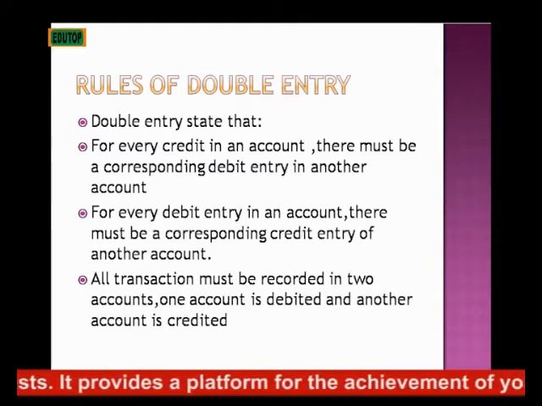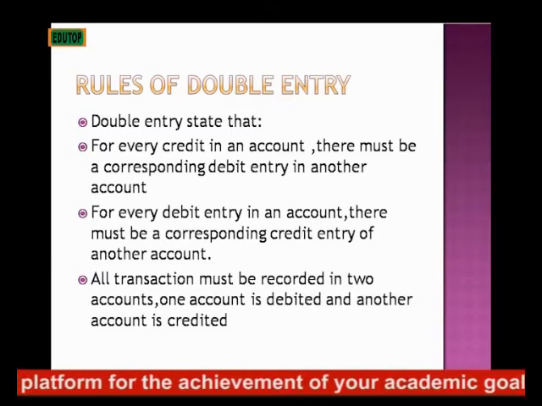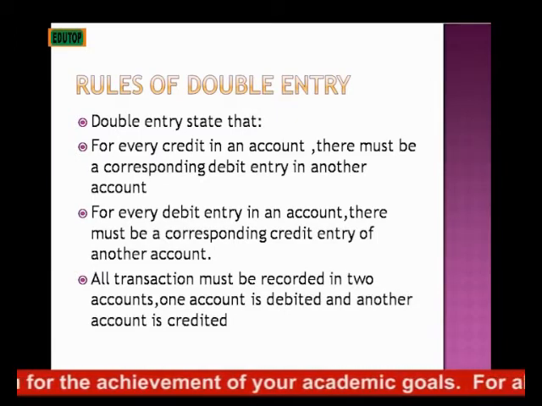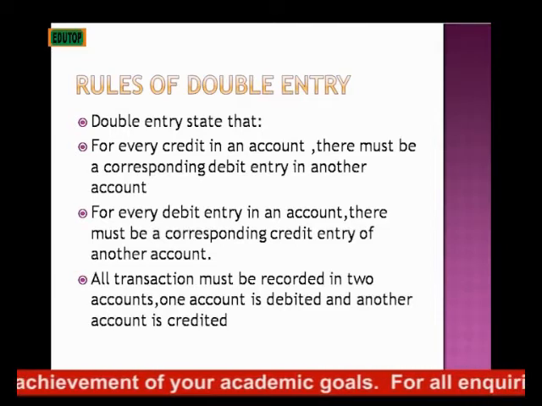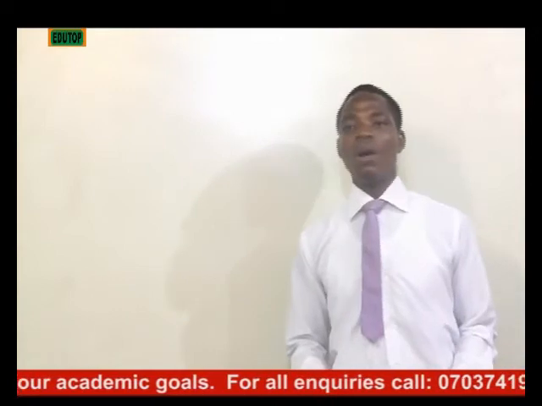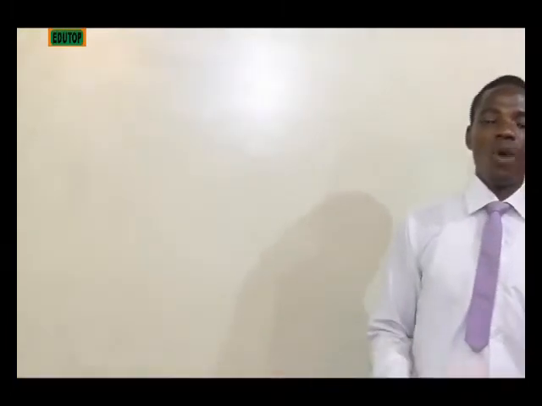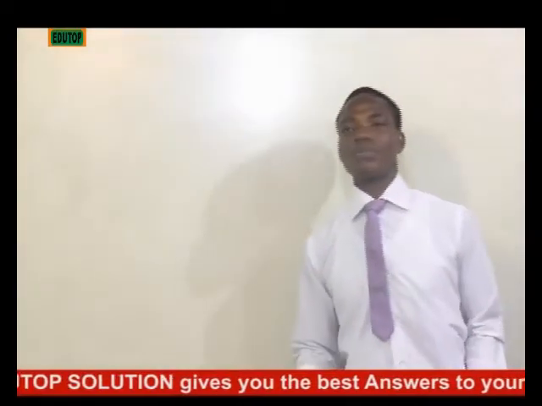Like I've said, one account is debited and another account is credited. That means to comply with double entry, every item must be posted twice. One that has a debit entry must have a corresponding credit entry as well.